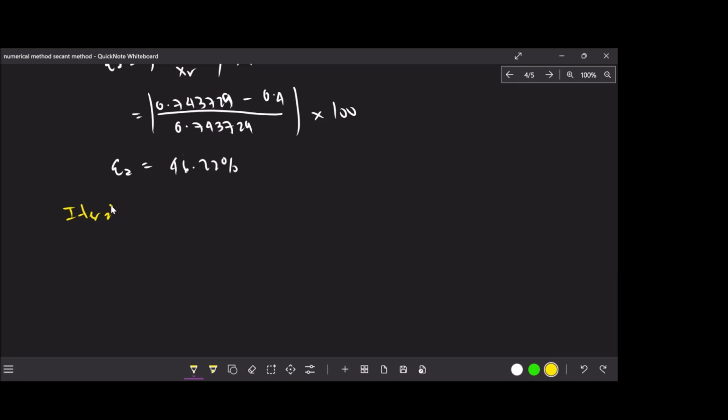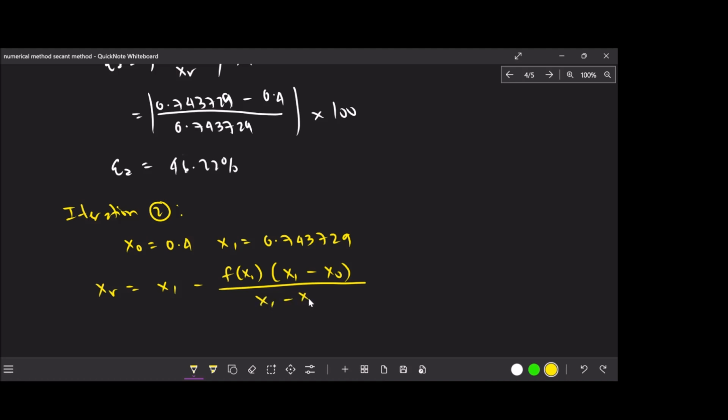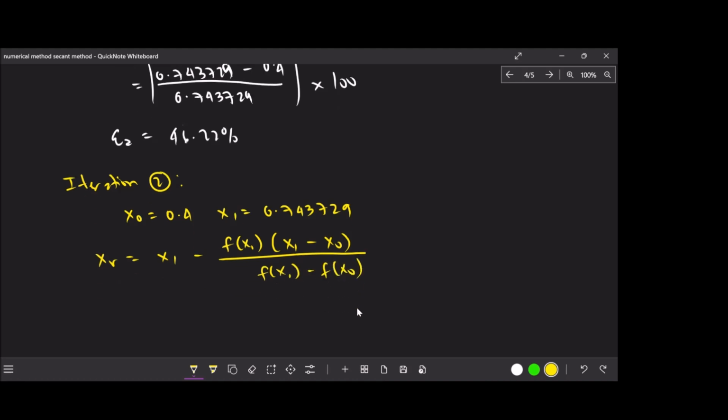So iteration number 2. For this one, our x0 is now this 0.4, and our x1 is the xr, which is 0.743729. Okay, so solving now for our new xr. So you have x1 minus f of x1 times x1 minus x0 over f of x1 minus f of x0.